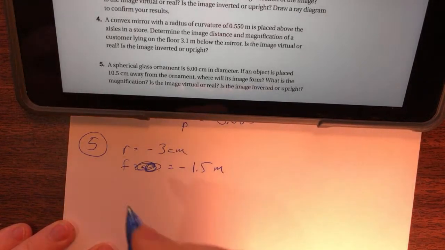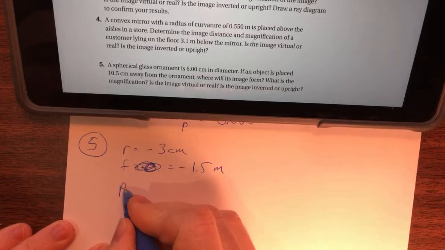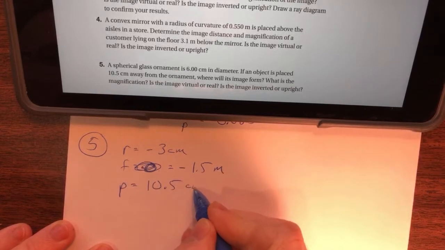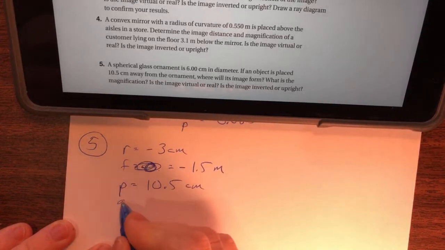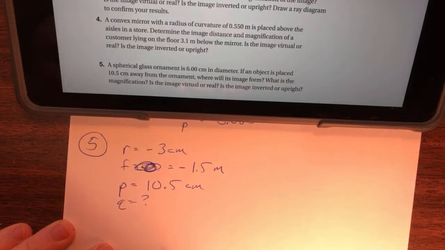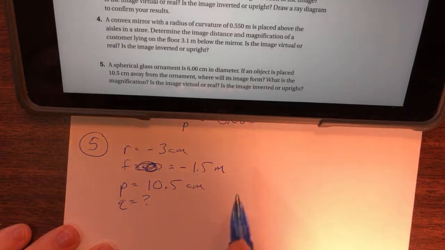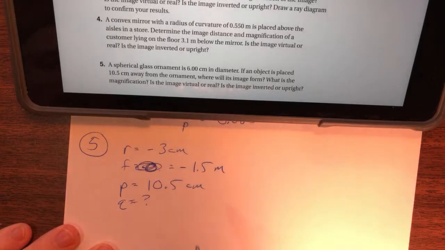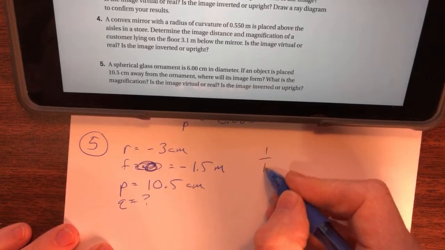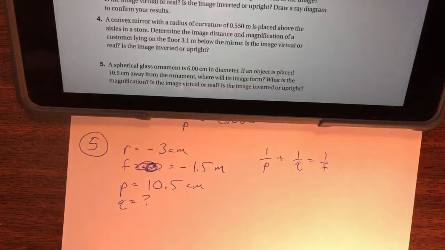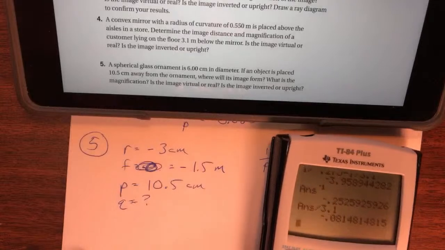And we have an object that is 10.5 centimeters away. We want to know where it is, magnification, all that kind of stuff. Let's see how this works out. As long as the magnification is not too extreme, we'll go ahead and do a drawing for this one. All right, so we have 1 over P plus 1 over Q equals 1 over F, and we have an F of negative 1.5.